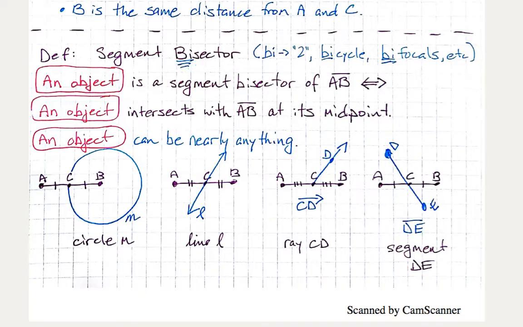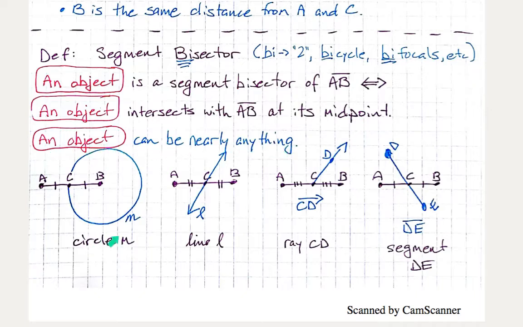A bisector is an object, and I put this all in red here, and circle it. An object is a segment bisector of segment AB if and only if that same object intersects segment AB at its midpoint. An object can be nearly anything.